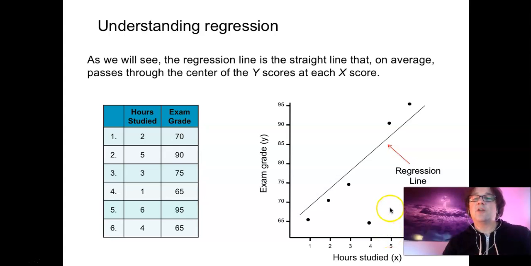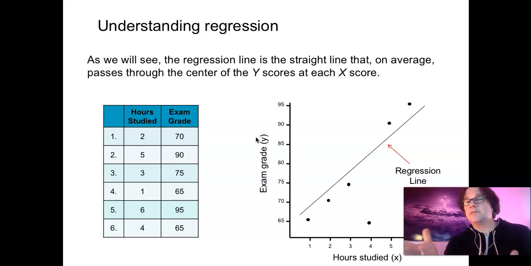If this line is good, if it has low error, I should be able to say, well, I don't have any corresponding Y scores. I don't know what their exam grade would be, but I can make a prediction. And I can do that by going up to my regression line, and then going over and saying, given an X of 5, that they studied 5 hours, I'd predict about an 85 is what they would get on their exam.